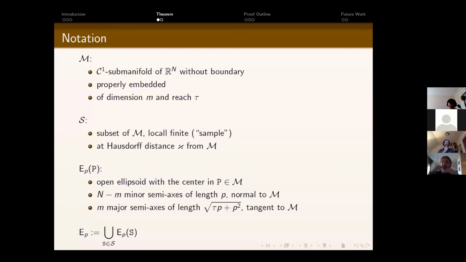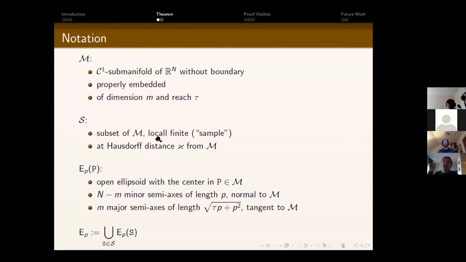And the assumption on the information that we have about this unknown manifold is that the dimension is known and the reach is known. The sample then, if it's not a compact manifold, we can't actually sample it with a finite sample, but the generalization of compactness here is being properly embedded. Here, the generalization of the finiteness is local finiteness of the sample.